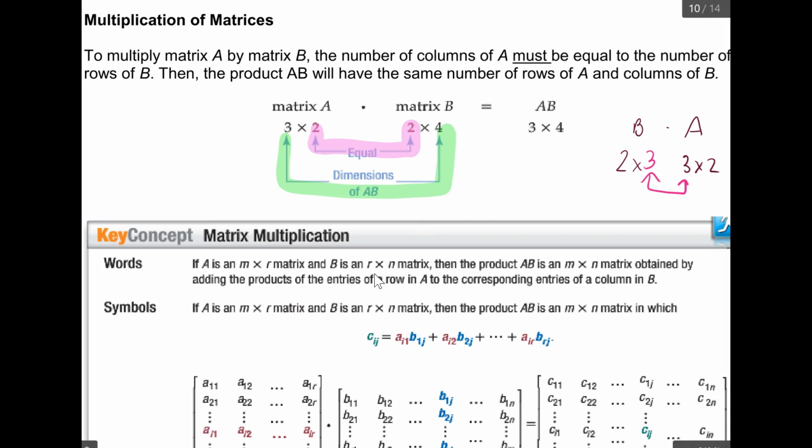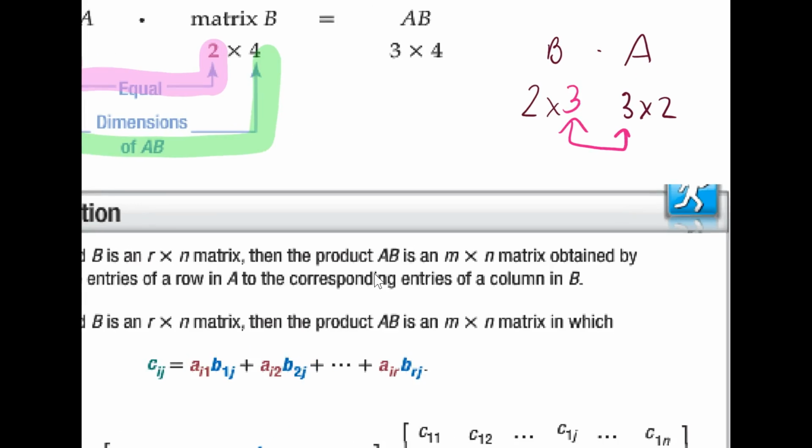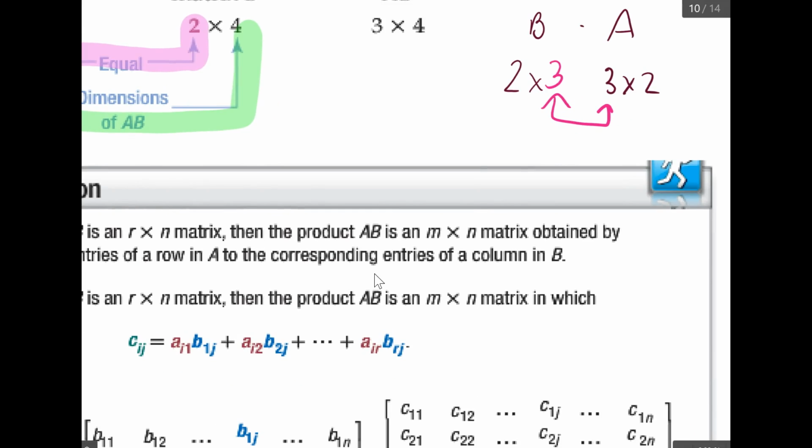Could I do that? Yeah. Okay, and what would the dimensions of B times A be? 2 by 2 would be the resulting dimensions. So every time you do one of these problems, literally list out the dimensions of each one, see if the inside two match, and then the outside two dimensions will be your answer.